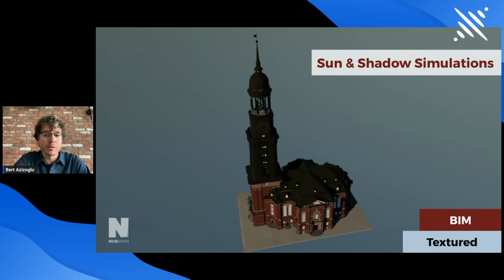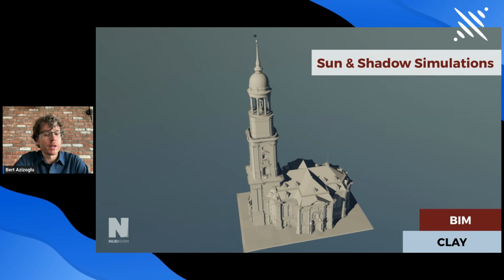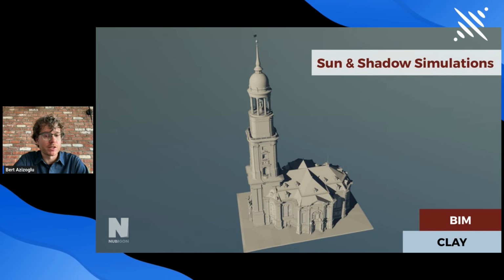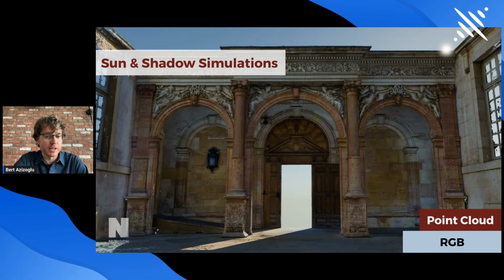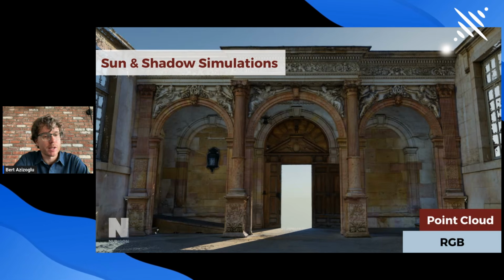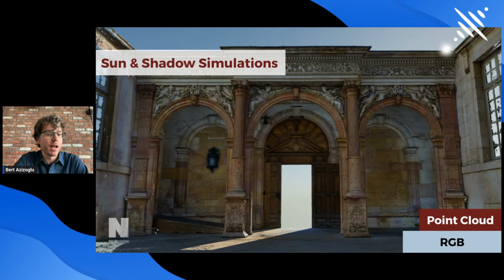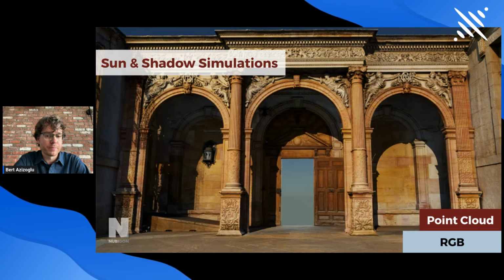In this case, it'll be sun and shadow simulations where you'll be able to apply and simulate sun and shadows onto point clouds and BIM models, and iterate different scenarios, analyze how the sun path trajectory affects your site, how your new designs affect existing conditions, and so on.